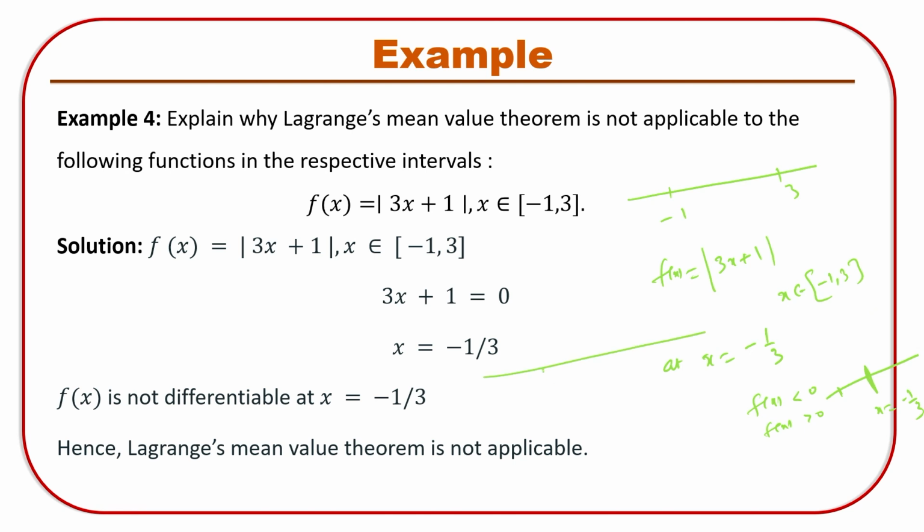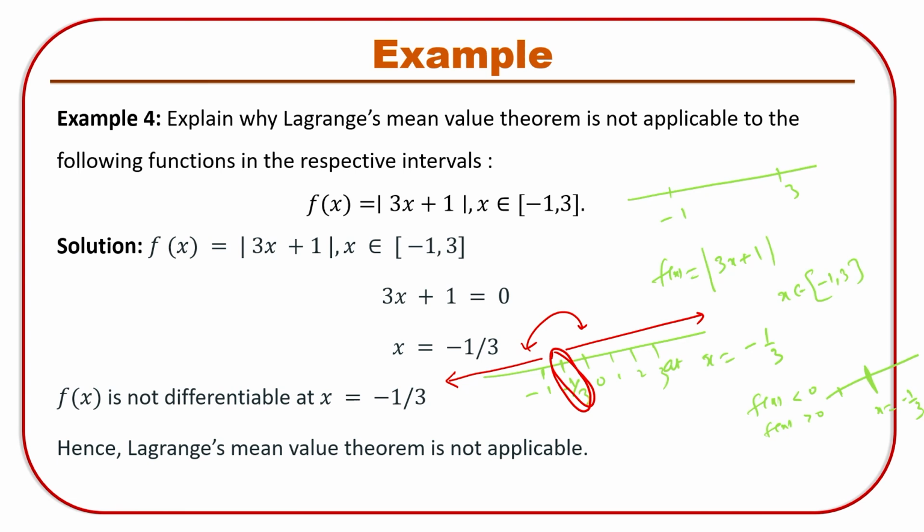So this is -1, this is -1/3, this is 0, this is 1, this is 2, this is 3. So we claim here that -1/3 acts like a critical point. After -1/3 the function is going to be positive, and before -1/3 it is going to be negative. So we have opposite behaviors, and hence the differentiation, can you check whether this claim is true or not?